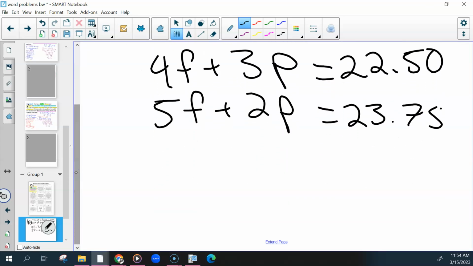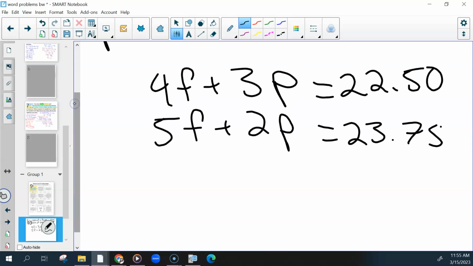Now we have to choose which way of solving we want to use. Graphing, substitution, elimination. Elimination, okay. Because we're looking for the cost of the fountain drink, if we get rid of P, we'll only have F left.